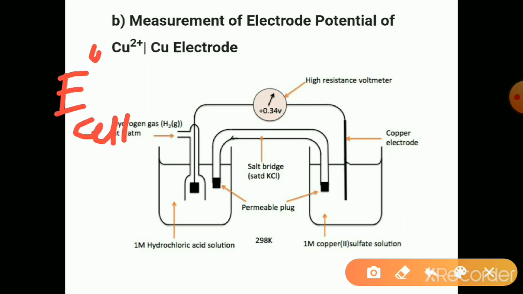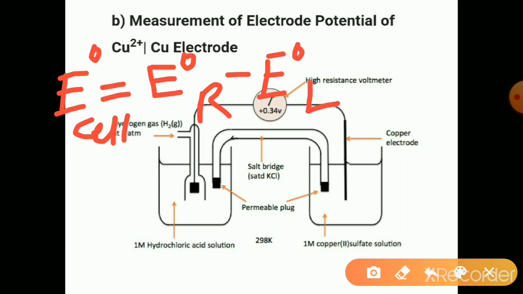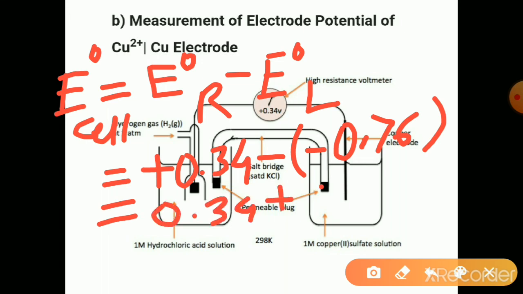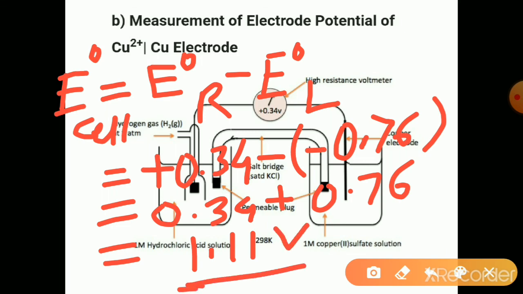So E naught of cell is equal to E naught of right minus E naught of left, and the E naught of right, just now we have obtained, is 0.34 volt, and minus E naught of left we have determined, that is 0.76 volt. When we sum up 0.34, minus minus becomes plus 0.76. So this becomes 1.11 volt. So this is the cell potential, and cell potential is always positive value.